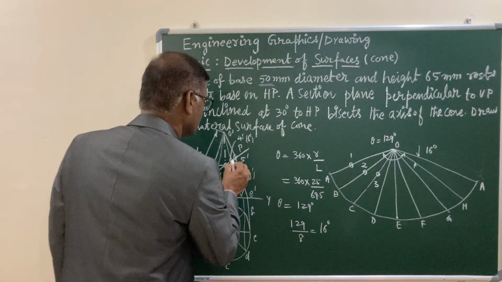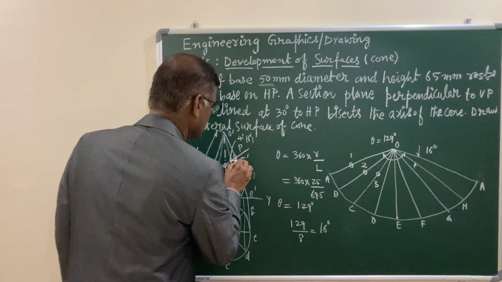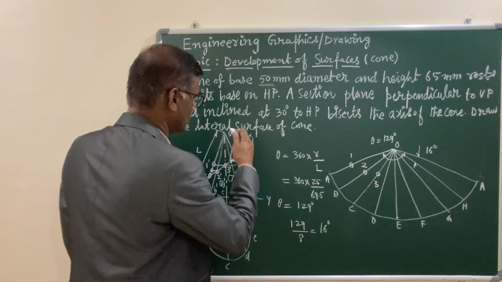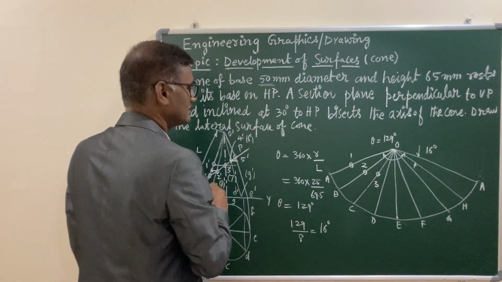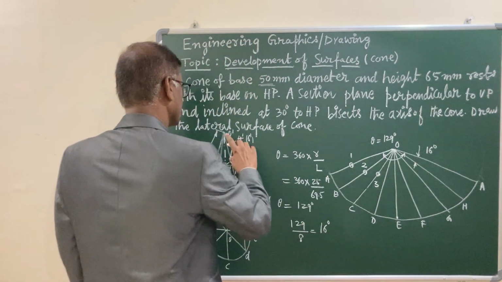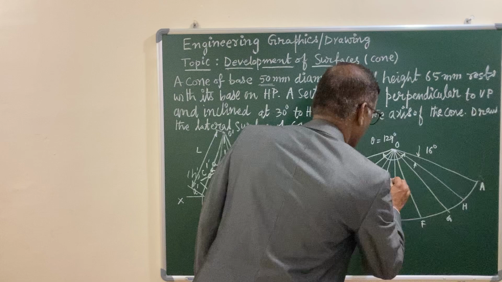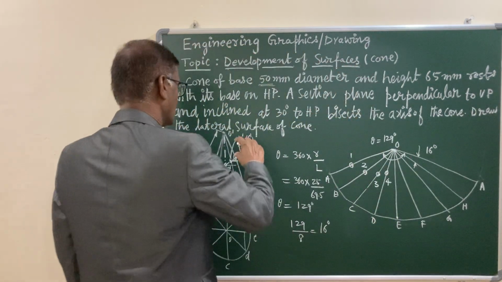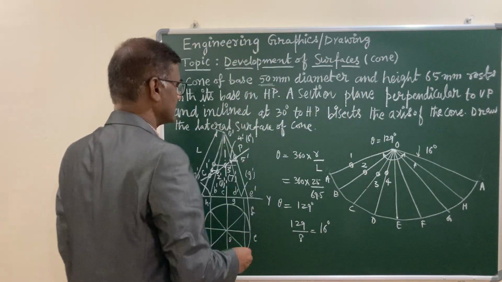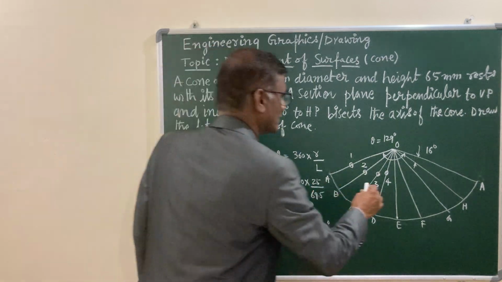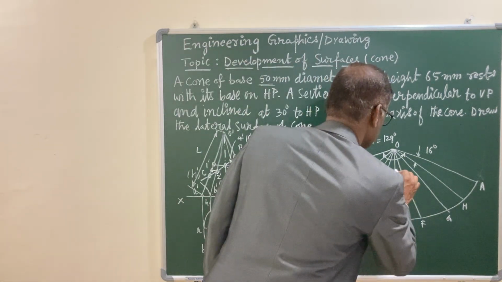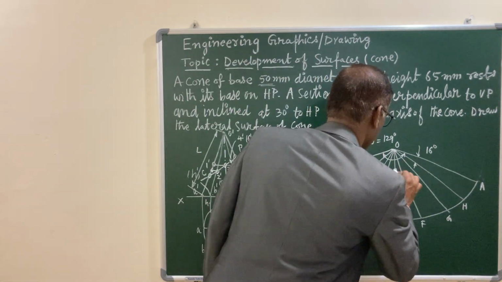And then 4, you can draw to the right also, because on the right side also you have true length. This is your 4, and this length, let us mark it as 4. And lastly 5, which is on the end generator, and that you can locate comfortably. This is your 5.